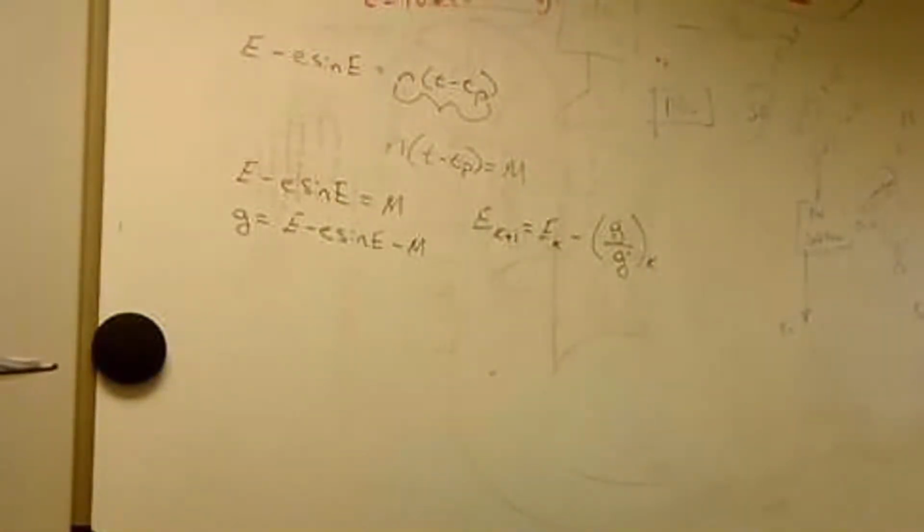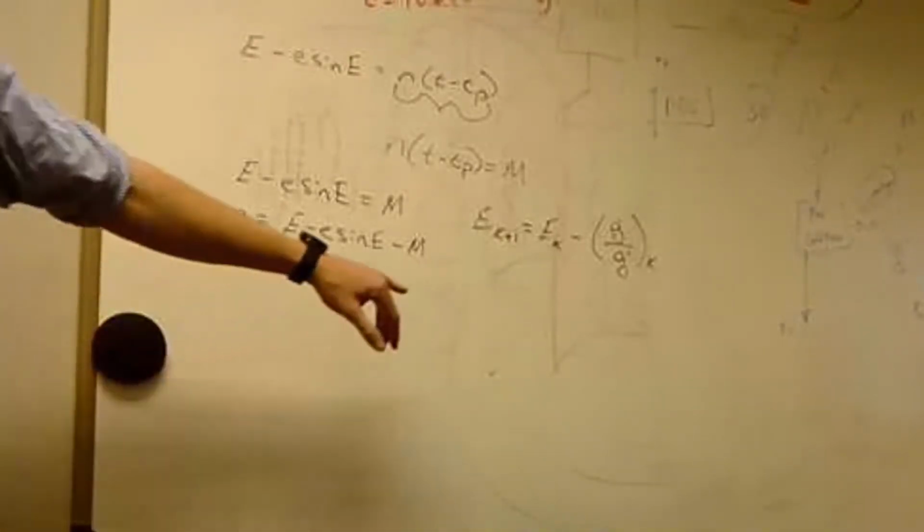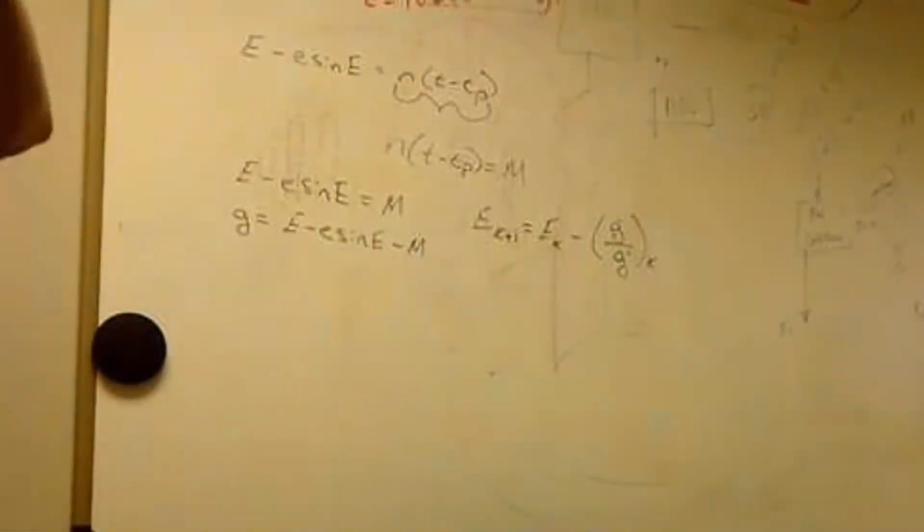There are a lot of relations in the book that use basically some quadrant checks, and there are quite a few papers devoted to discovering the best way to do Kepler's problem, because Kepler's problem is determined on eccentric anomaly, right?